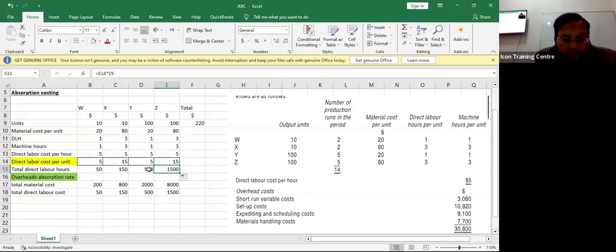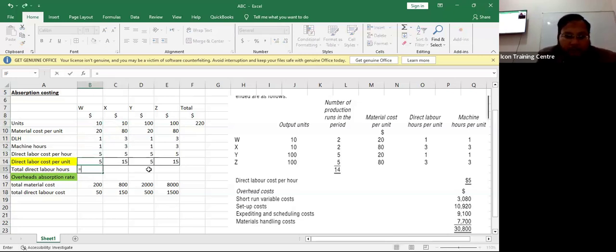No, sorry, I'm making a mistake here, maybe. So this is the labor hours, right? One labor hour for one unit. And here 3 for one unit. So I should multiply this. This is the labor hour, no?